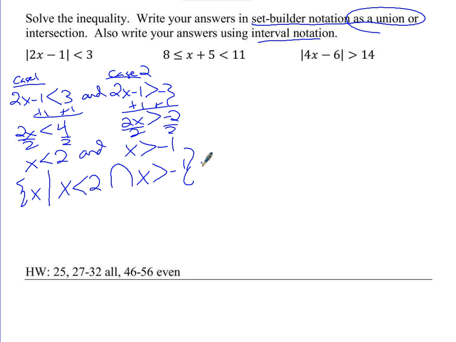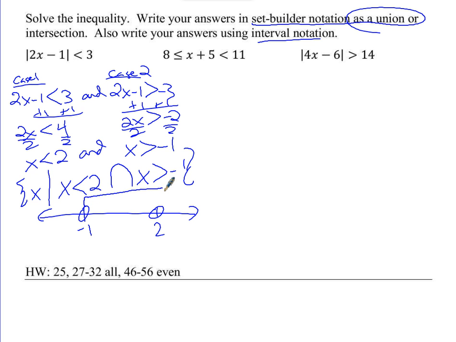Okay, so that takes care of set builder notation, but we also need to write our answer using interval notation. Interval notation is going to be easier to write if we graph it, so let's graph it. We have -1 and +2. Open dots. We have greater than -1.